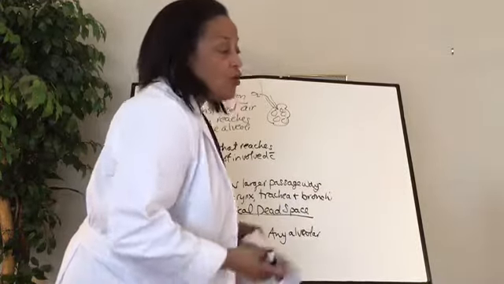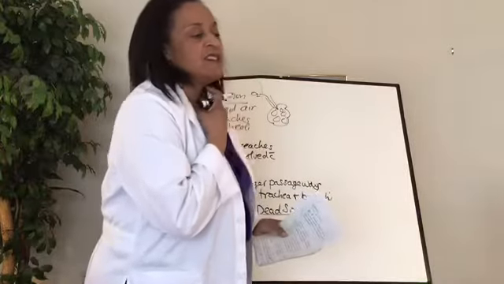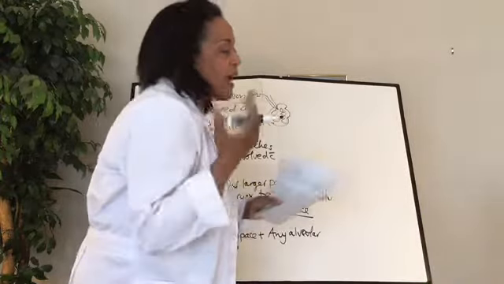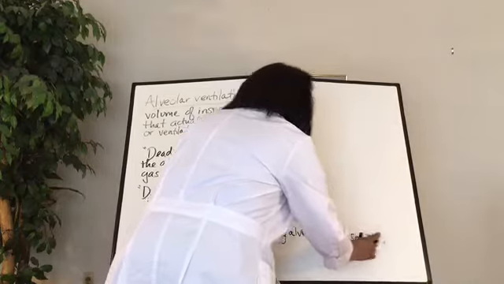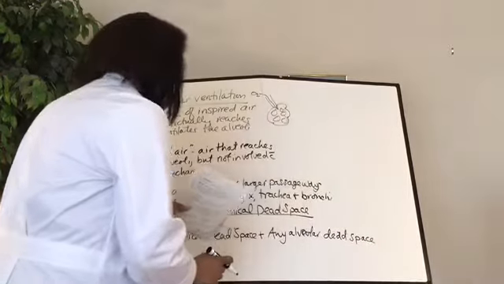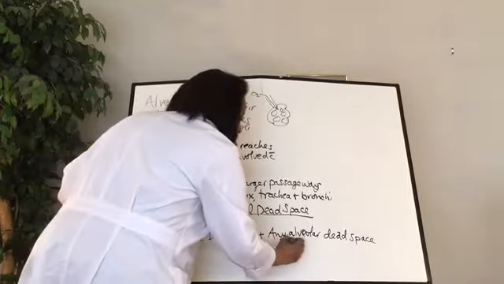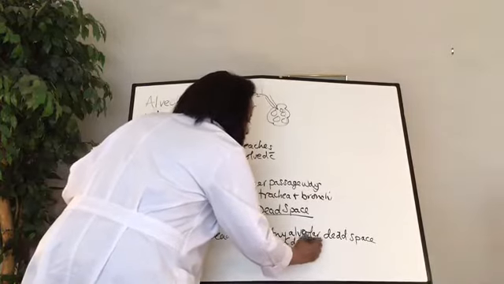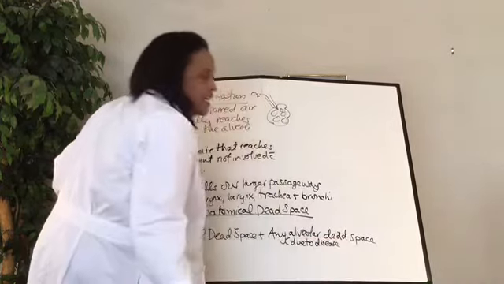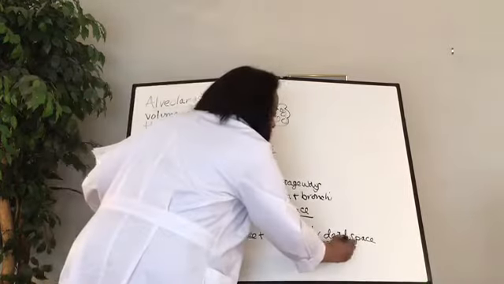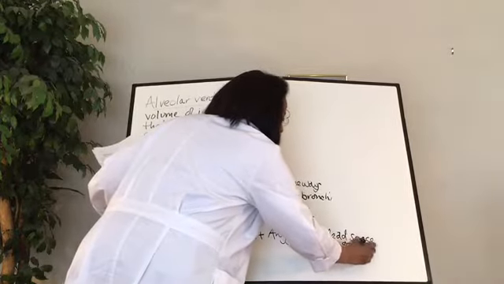Somebody could be choking you. You can be choking on a piece of steak or a big chunk of apple, whatever. That kind of dead space. Dead space. This is due to disease or whatever. Due to disease, like our poster child of COPD, emphysema, or whatever. Like I say, choking.